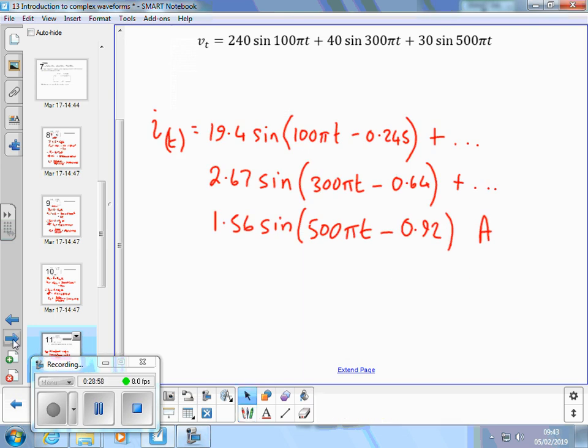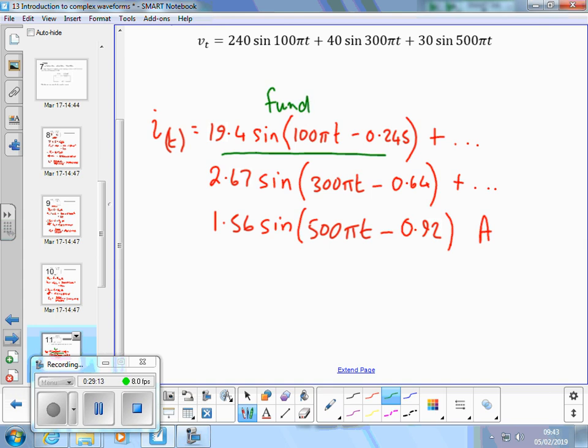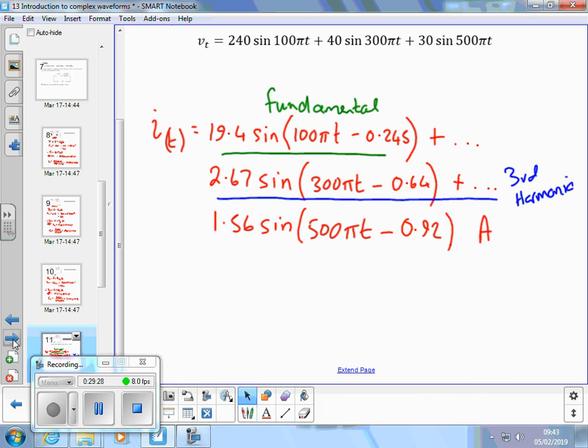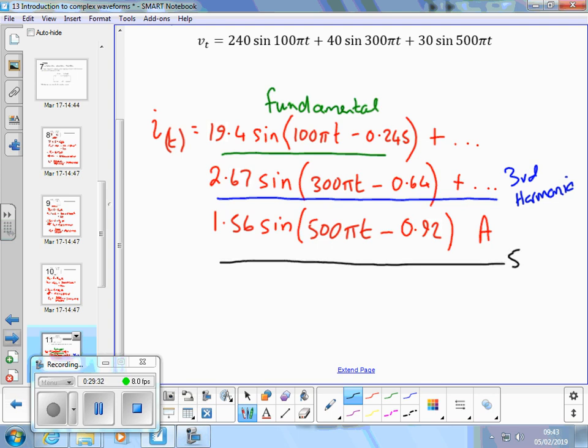So from that complex waveform of three components, a fundamental, third and fifth harmonics, we get an expression for the current that's got a fundamental, third harmonic and fifth harmonic. Yeah? All right? No dissenting voices?